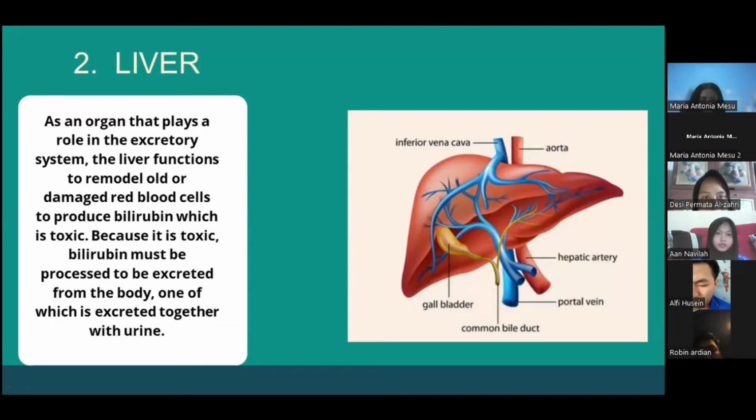Liver. As an organ that plays a role in the excretory system, the liver functions to remodel old or damaged red cells to produce bilirubin, which is toxic. Because it is toxic, bilirubin must be processed to be excreted from the body, one of which is excreted together with urine. Next.